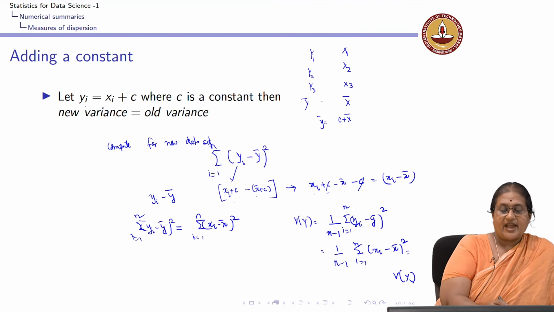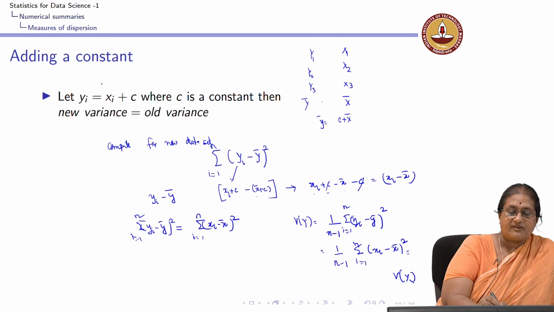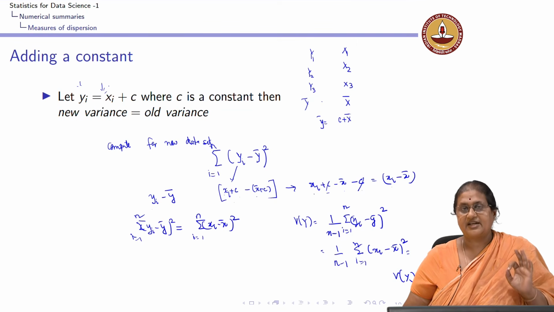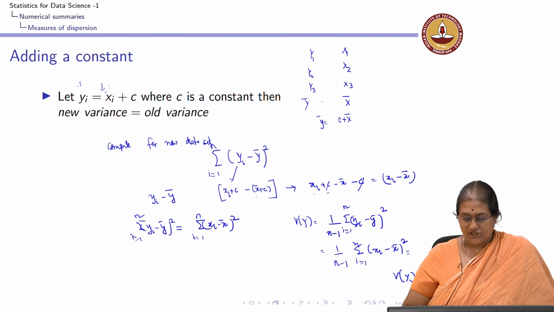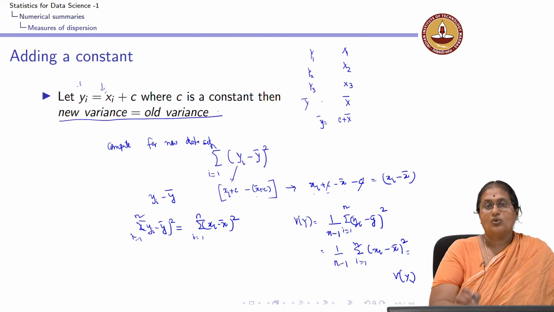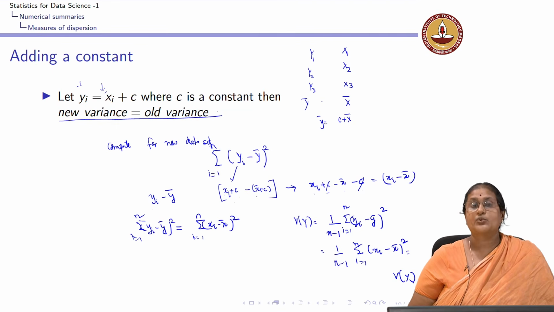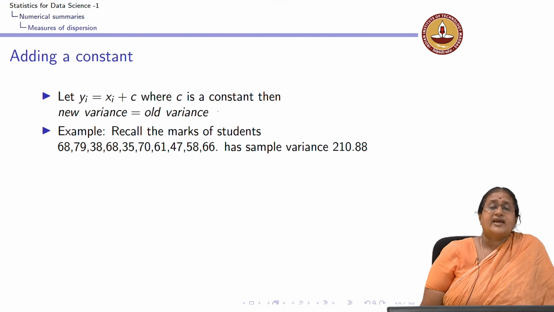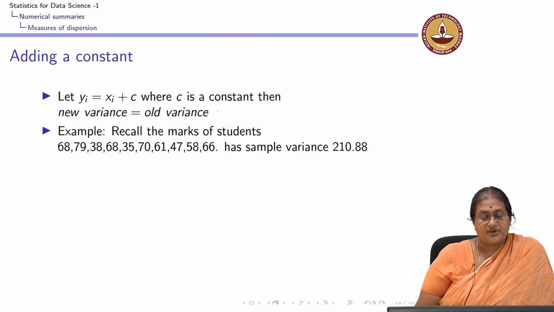Hence, if I add a constant to every value of my data set, the variance of the data set does not change. The new variance is equal to the old variance, and that's what we have just seen. So let's look at an example to see what is happening.